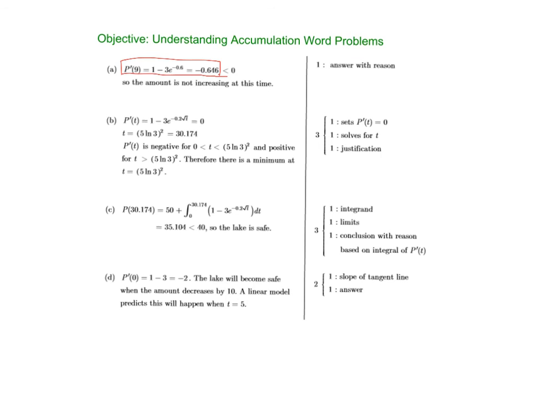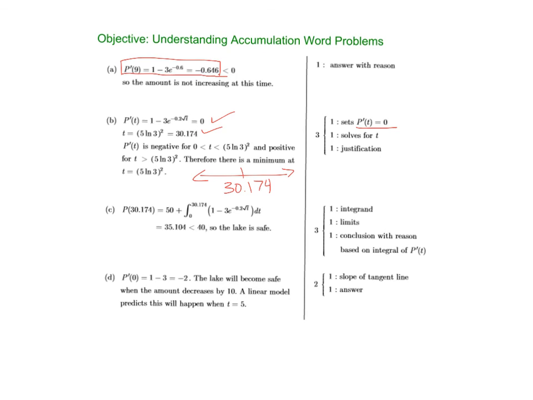All right, B sets p prime of t equal to 0. So minimum, derivative equals 0. Solve for t. Those two pieces were the easy points. And then the justification, they used the first derivative test. I used the second because I think it's easier in this case than trying to decide what's happening to the right and to the left of 30.174.